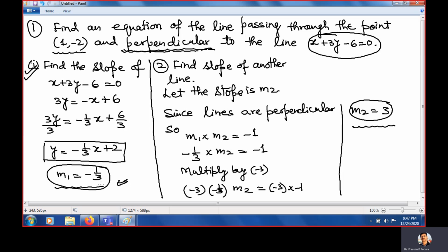Then you need to find the slope of the other line, which we call m2. Since both lines are perpendicular, the product of the slopes will be equal to minus 1. Since m1 is given, you can find m2, the slope of the second line.